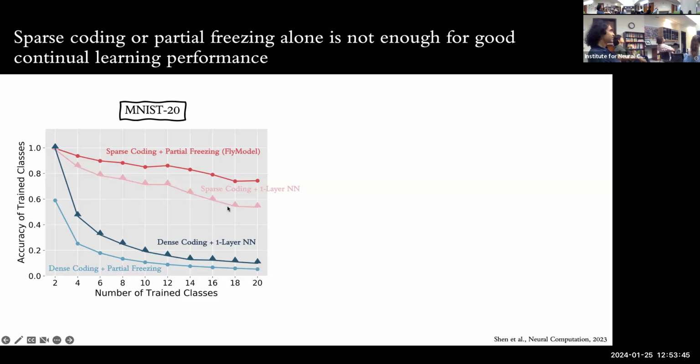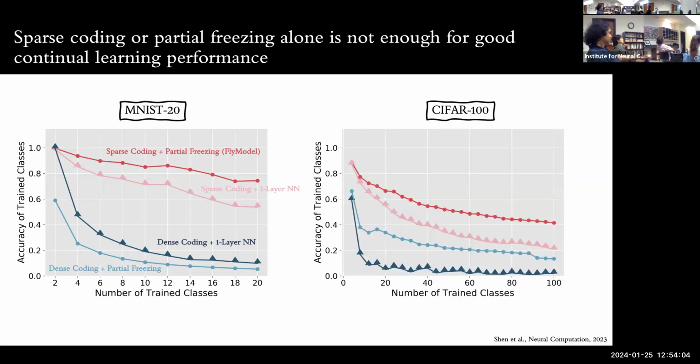On the other hand, using sparse coding with conventional learning, you will get an okay response, but still much worse than sparse coding and partial freezing combined together. And this is also true in the second data set.